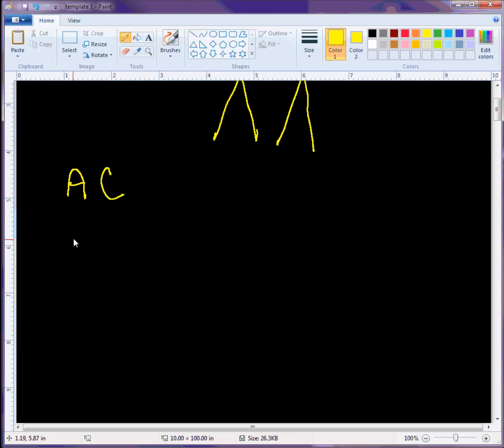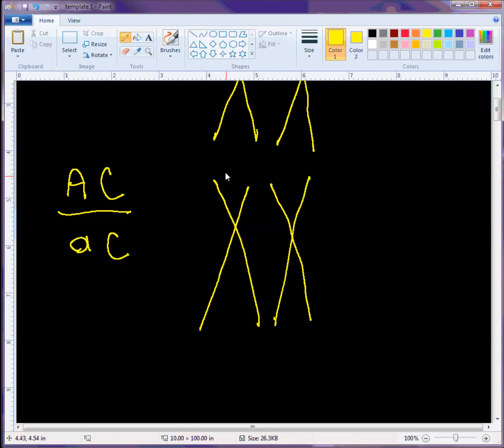A and C this time. So alleles A, big C over alleles little a, little c, and I'll draw another tetrad. I'll put A up here again, the recessive alleles over here on the homologous chromosome.